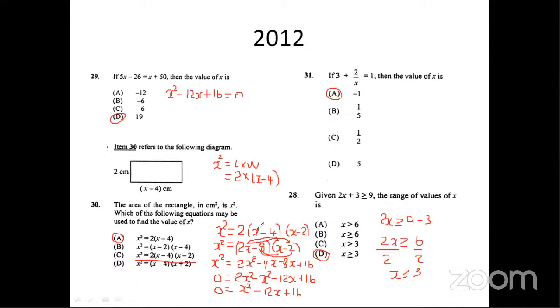So we're multiplying what's outside of this bracket by what's inside. So it's 2 multiplied by the x to give us the 2x. 2 multiplied by the -4 gave us the -8. This is still within a bracket by itself because we still need to multiply all of that by x minus 2. So in the second step, we are doing that.